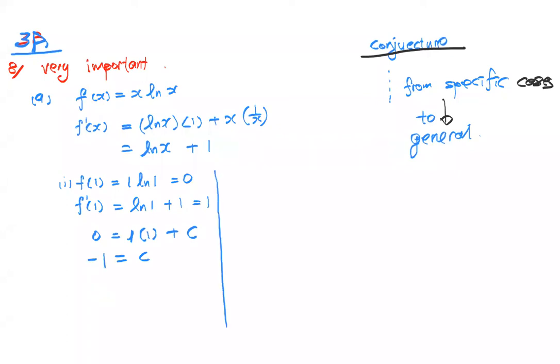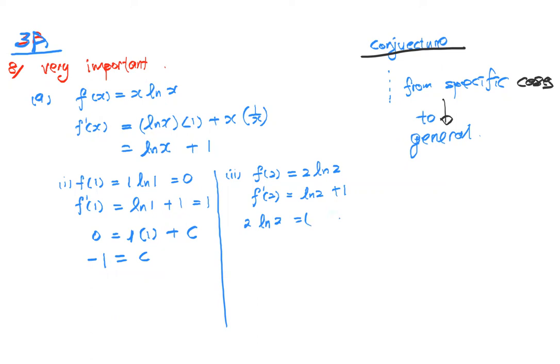So for part 2, you also do the same thing. You look for f(2), which is 2 ln 2. Then f prime 2, you just do according to what the question wants you to do. It will be ln 2 plus 1. So y is 2 ln 2, and my x is 2.